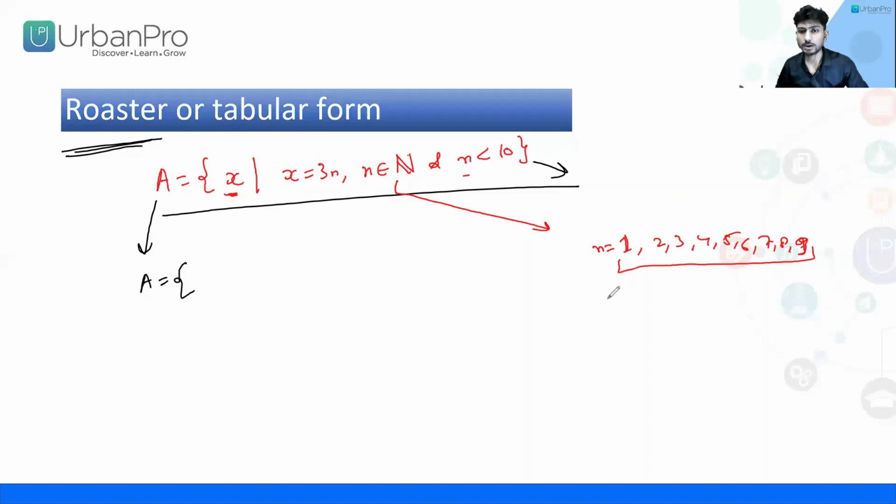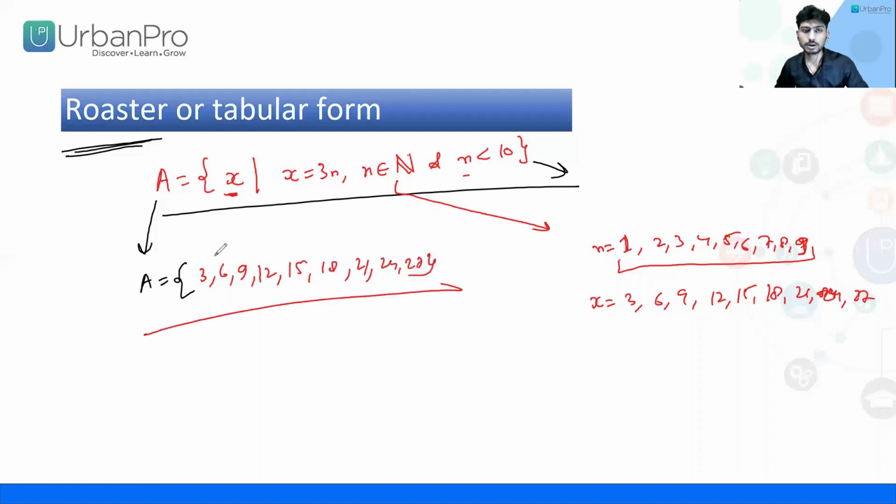So we multiply each number: 3, 6, 9, 12, 15, 18, 21, 24, 27. You will write all these elements in the set. This is a roster form, means there is no symbol, there is no sign here.